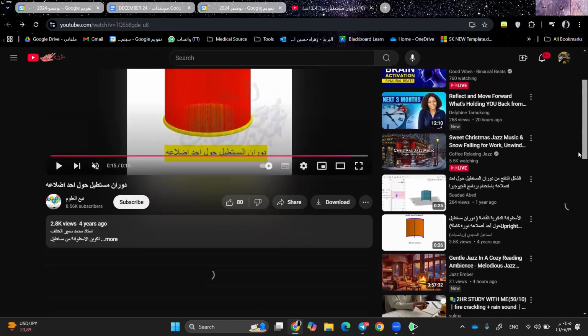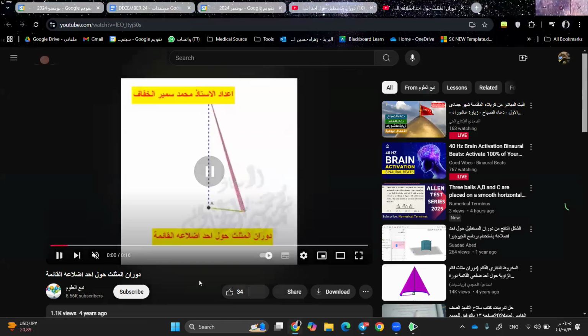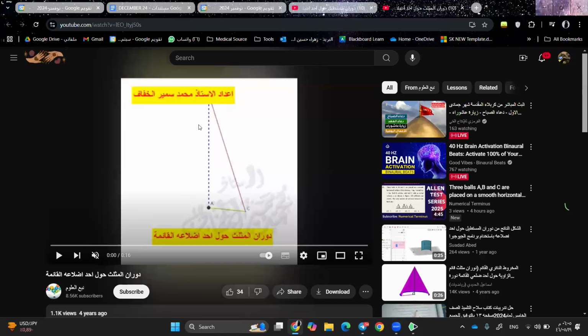Before we move, let me show you another shape. So this is another rotation. We have a 2D triangle, and I want you to know what the shape is when it rotates at itself or has a full circle around the side.